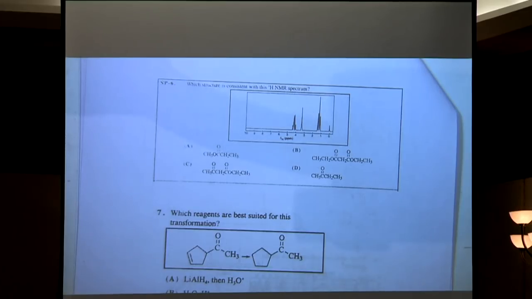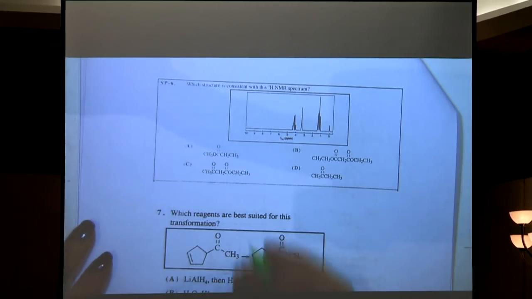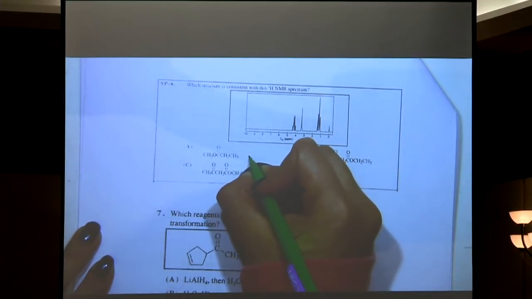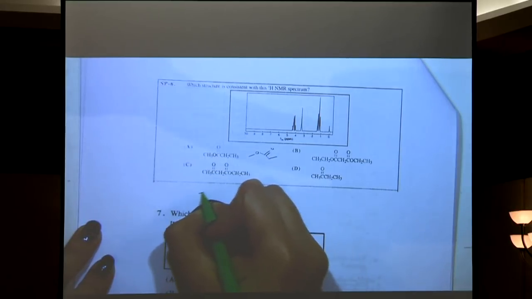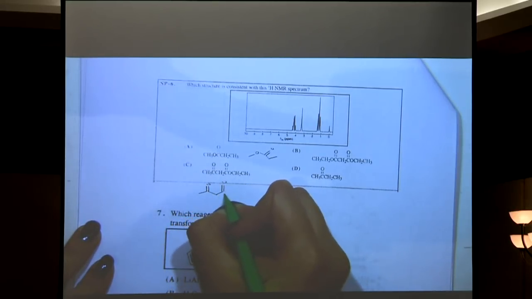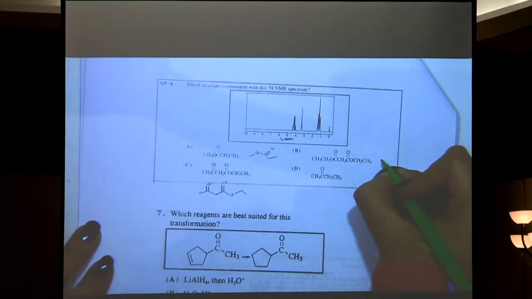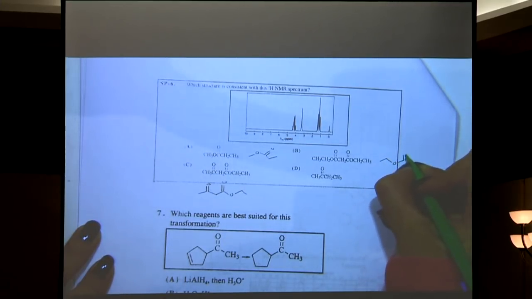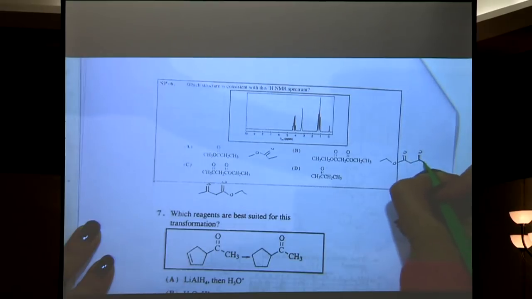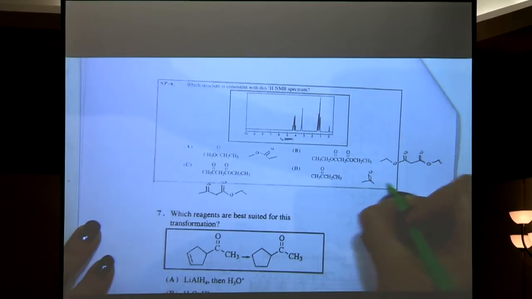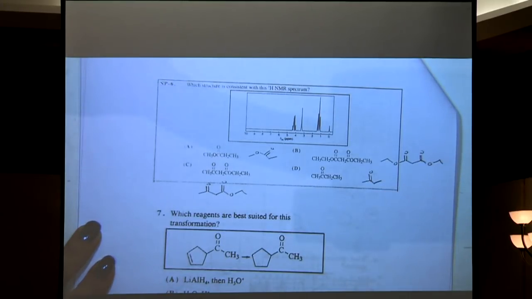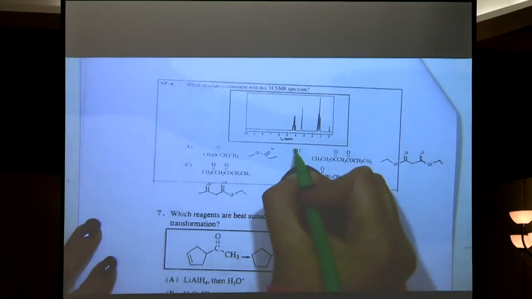So if we were to draw everything, so we don't have to do all the splitting patterns. I'm just going to tell you guys straight up that the answer is B.